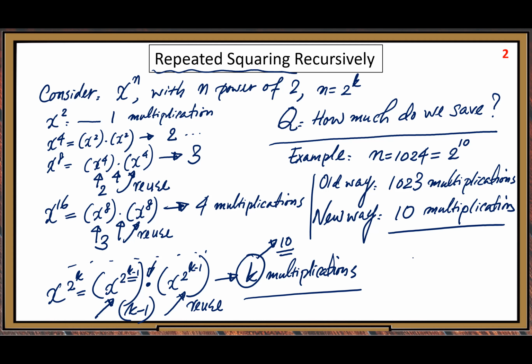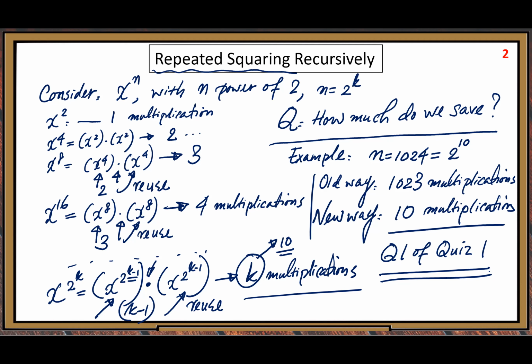Now you can answer question 1 of quiz 1 better. The higher the degree, the smaller the number of multiplications.